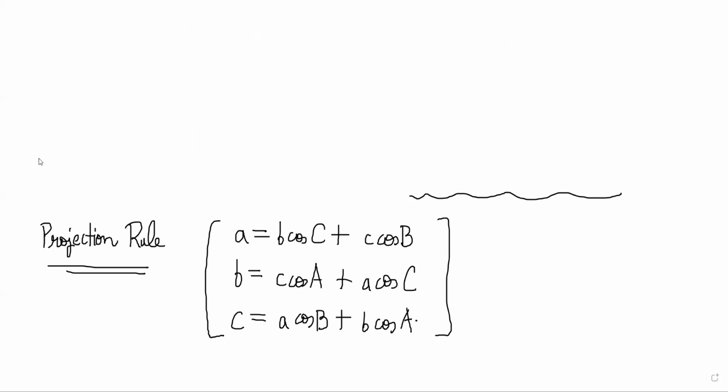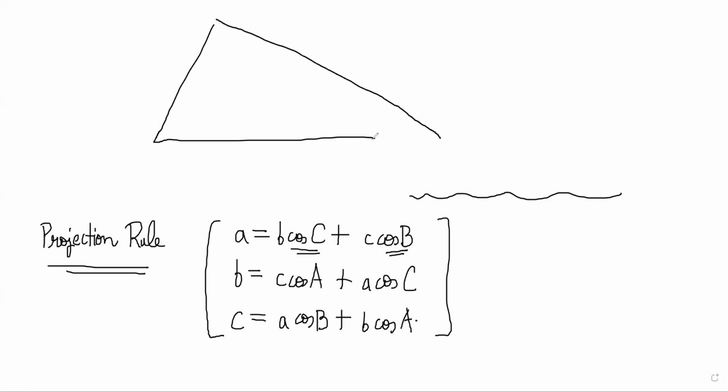The proof can be done by simply applying cosine rule everywhere, but that is not the proof that we want to understand. That's just algebra, right? But what we want to do is, this is a triangle. This side is c, this side is b, this side is a.